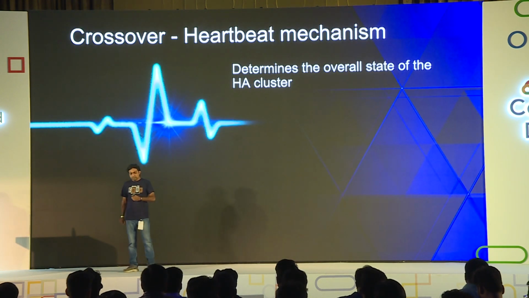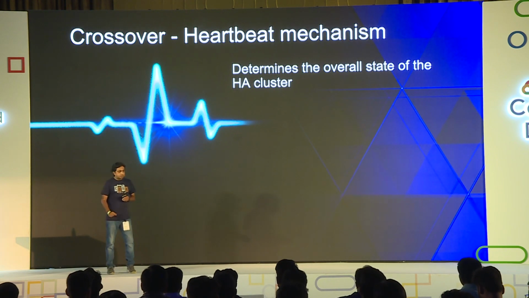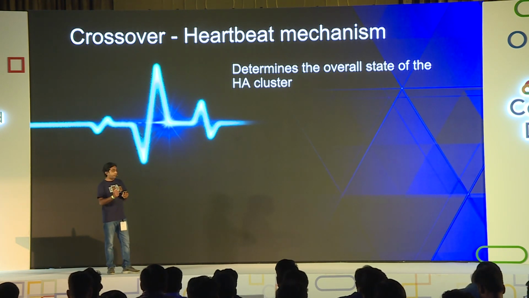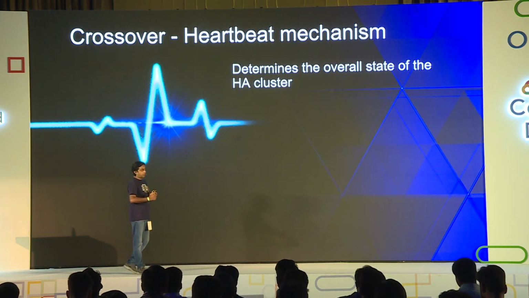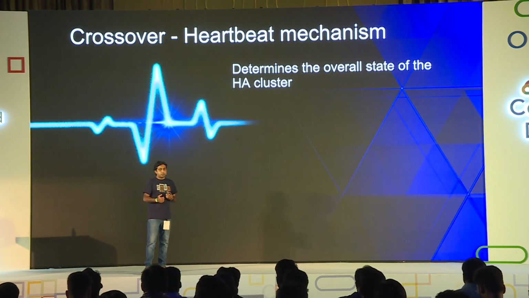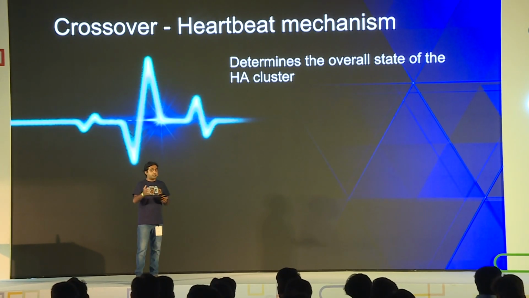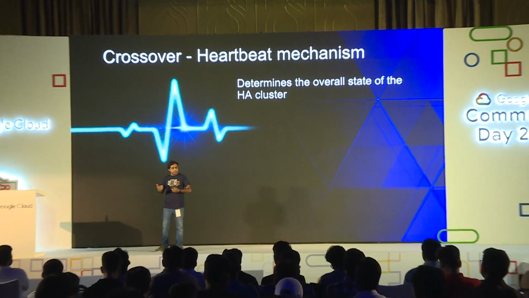A very simple way. So now let's dive deep into what actually happens in the heartbeat mechanism. I didn't tell in the previous slide why, or what the advantage is, or how we determine a crossover. Because through the channel, one of the functions that gets established is the heartbeat. Now, how do we implement the heartbeat mechanism?